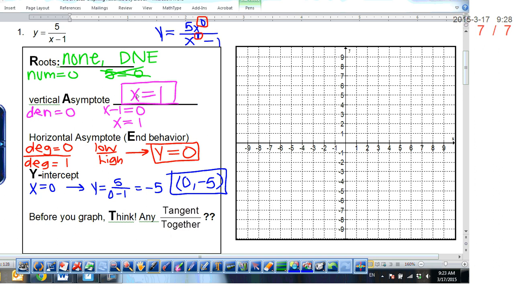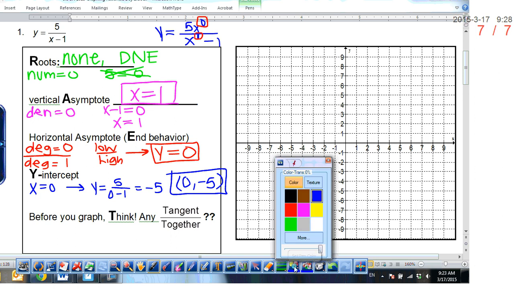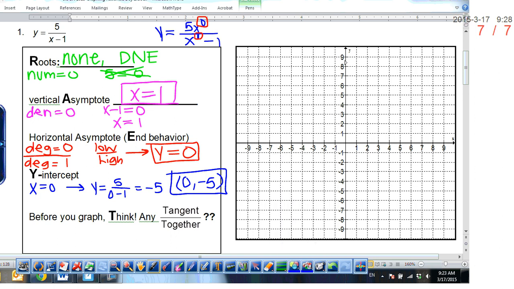Okay. So let's plot. We don't have any roots to plot. We do have a vertical asymptote at x equals 1. So remember from yesterday, you're going to draw in a vertical line, dashed, and you need to label it with your equation. Okay, we have a horizontal asymptote at y equals 0.